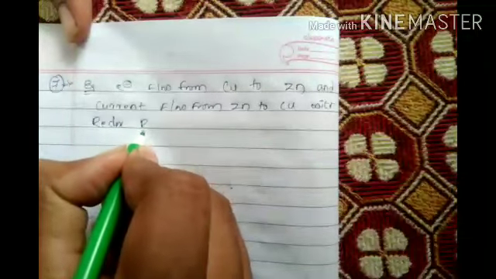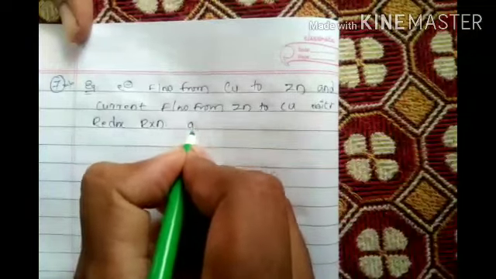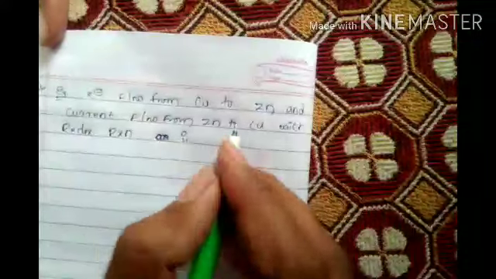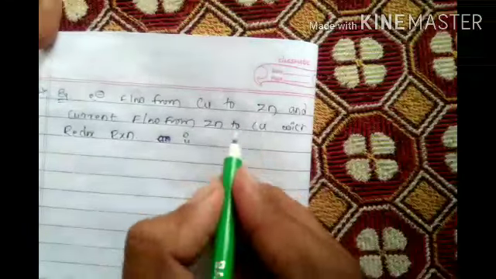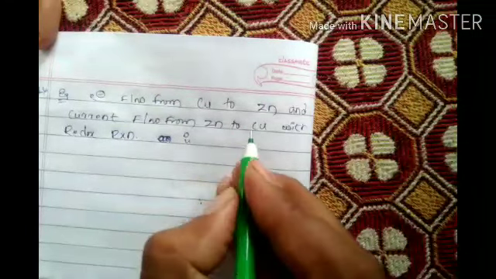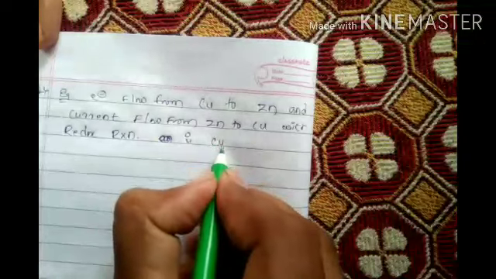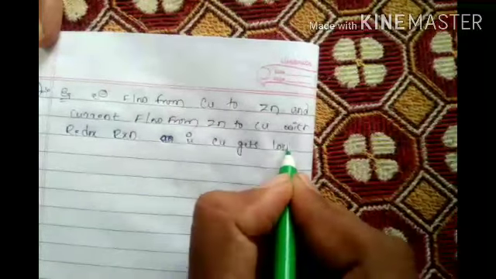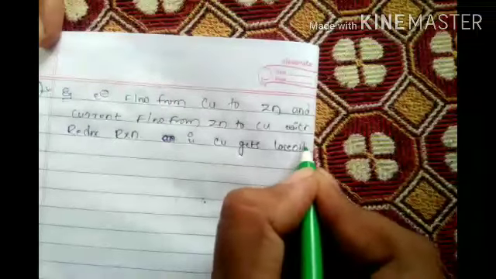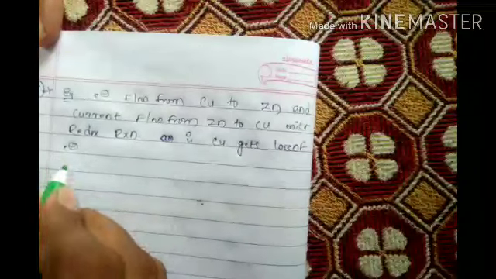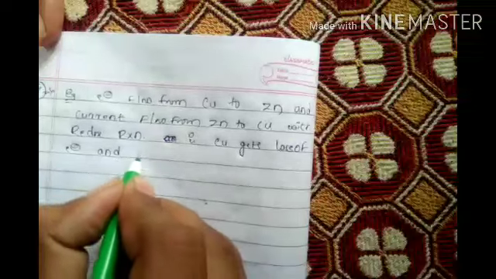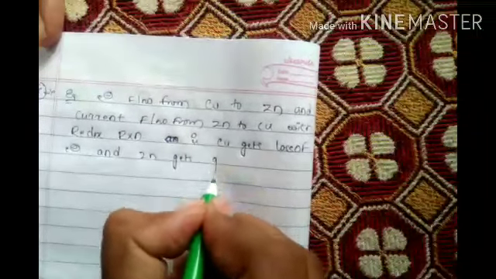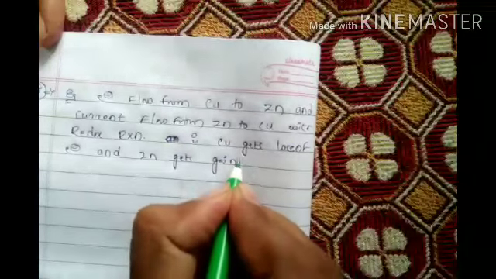With a redox reaction. In the redox reaction, Cu undergoes loss of electrons and zinc undergoes gaining of electrons.